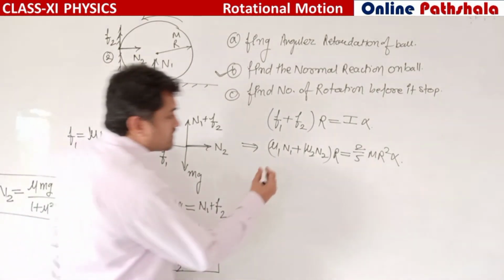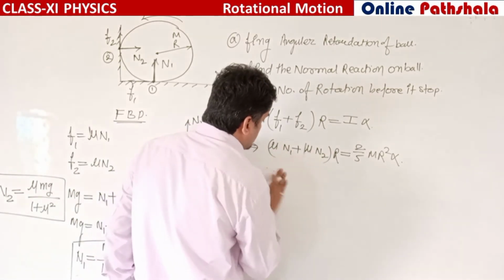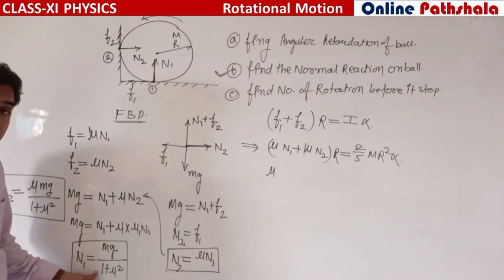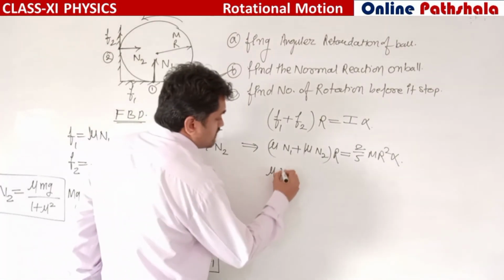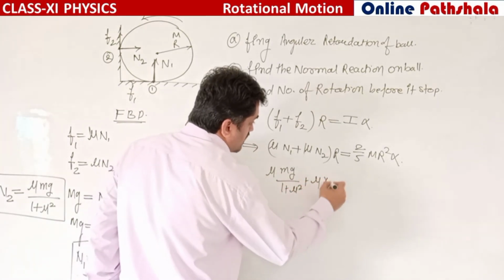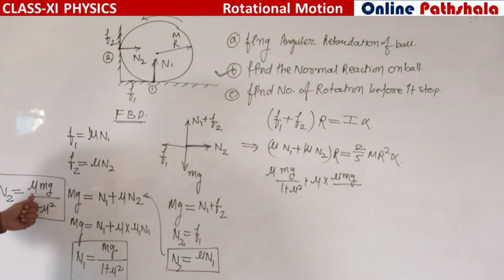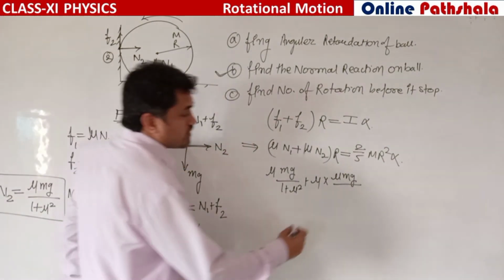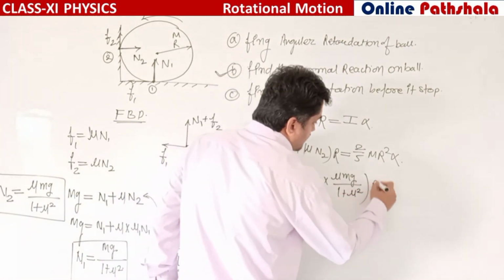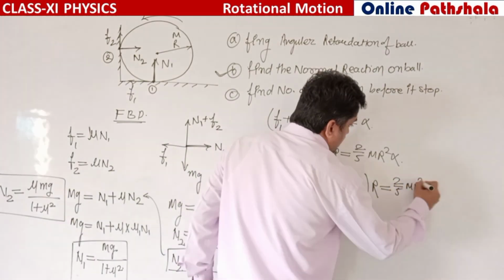What is N1? It is not mu 1, it is only mu. So mu into N1, where N1 is mg divided by 1 plus mu square, plus mu into N2, where N2 is mu into mg divided by 1 plus mu square, into r is equal to 2 by 5 m r square into alpha.